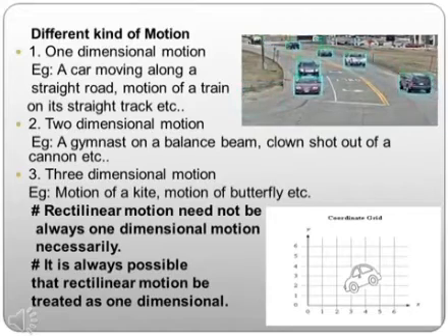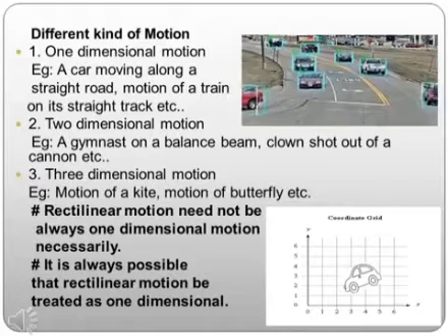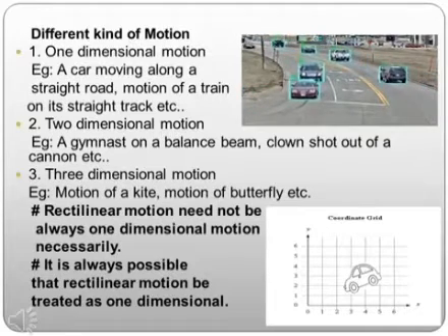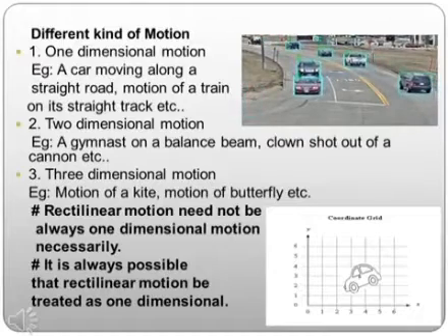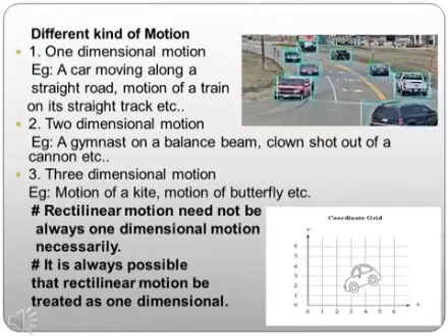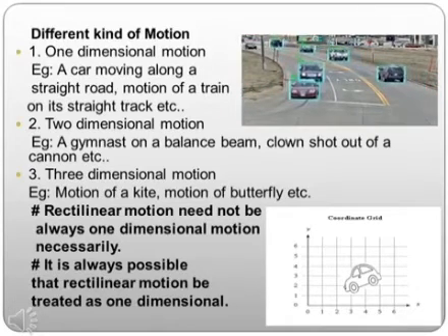It does not matter what the direction of the car is, it may be either positive or negative. We say that the car is in one-dimensional motion because it is along the x-axis.